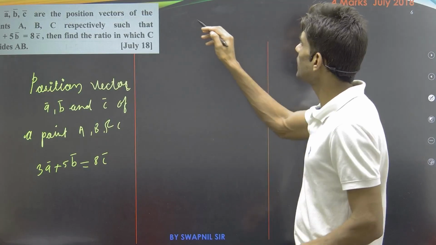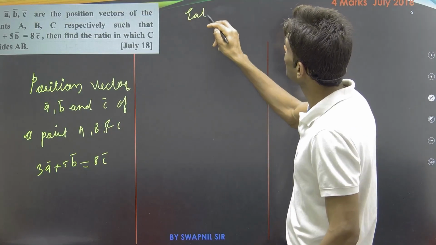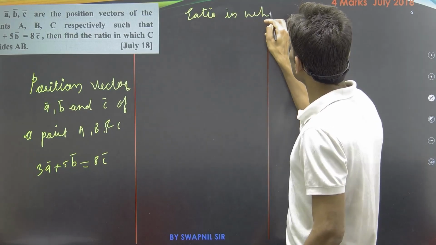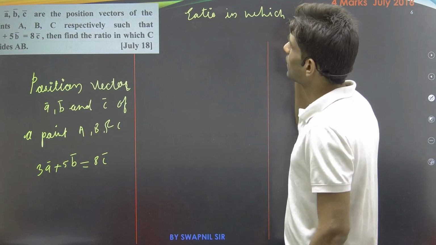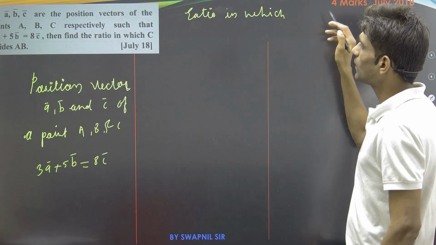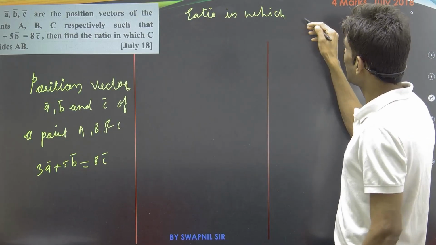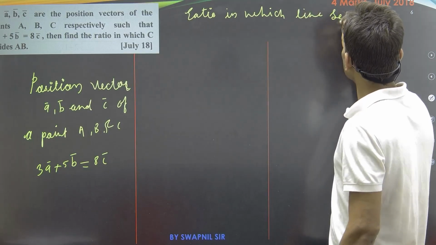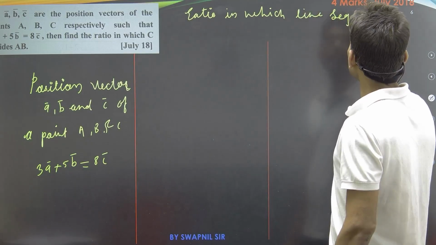So we want the ratio in which point C divides line segment AB.